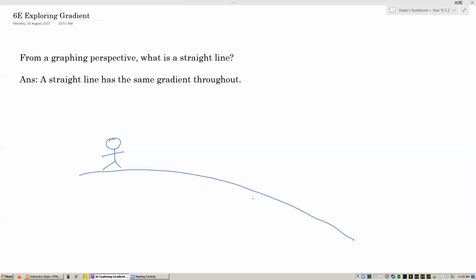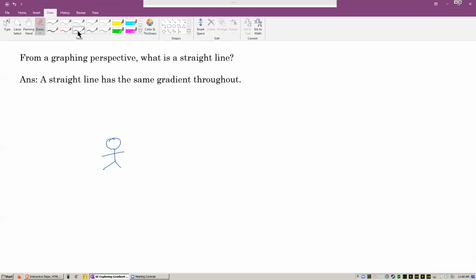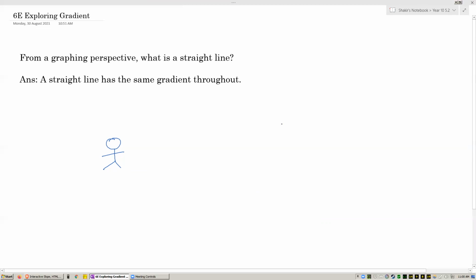That's it. Now, mathematically, we have to be more precise. We have to describe it using numbers, how steep a line is, how shallow a line is. And the way we do that is as follows. If you had a graph, obviously we know this is the x-axis, and that's y.